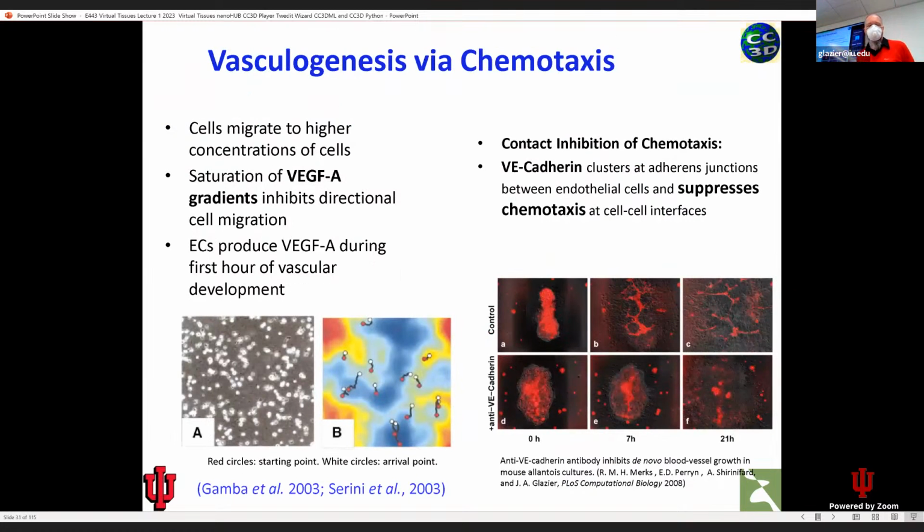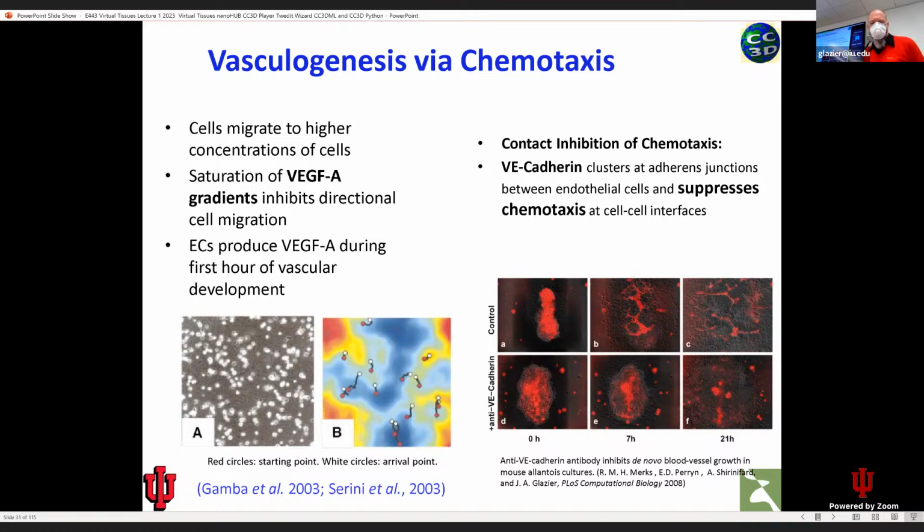There was an old hypothesis that there was a growth factor, vascular endothelial growth factor A, VEGF-A, that cells secreted and responded to. Cells secrete the chemical, and they also move towards higher concentrations of the chemical, autocrine, paracrine chemotaxis, technically.